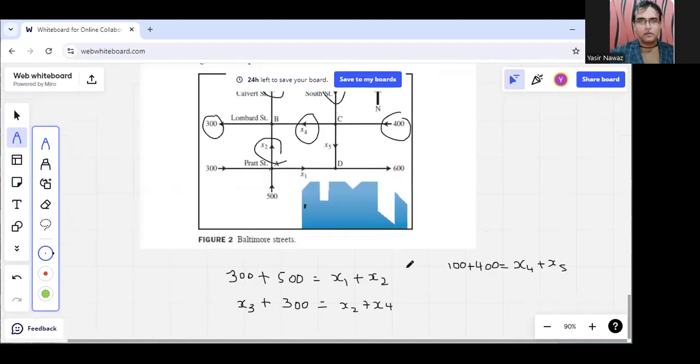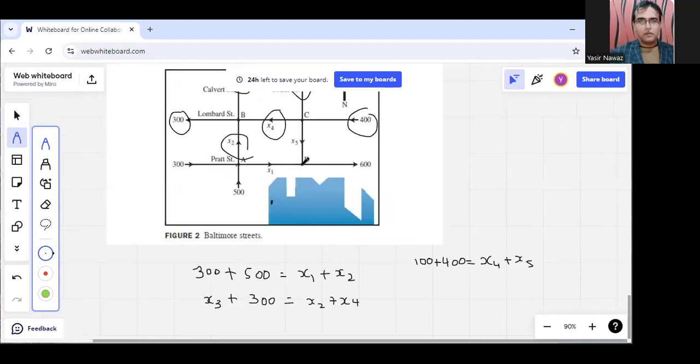And similarly on point D, the input is x1 and x5, and x1 plus x5 is equal to 600.